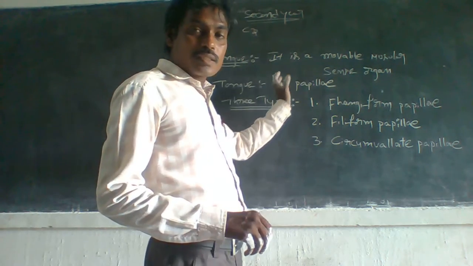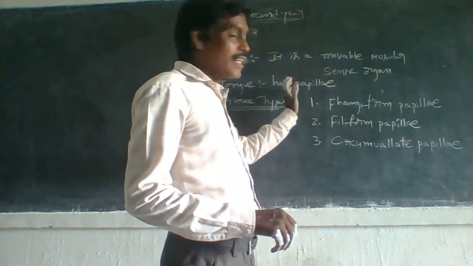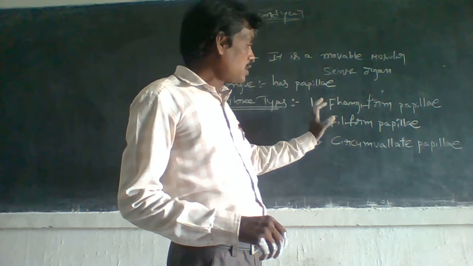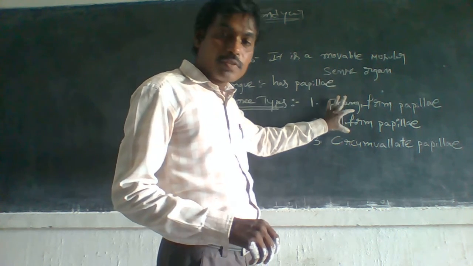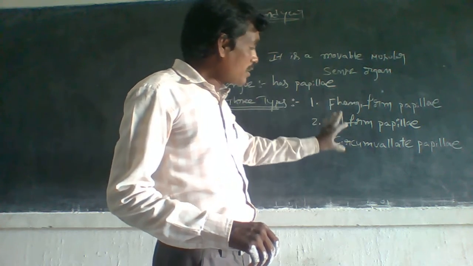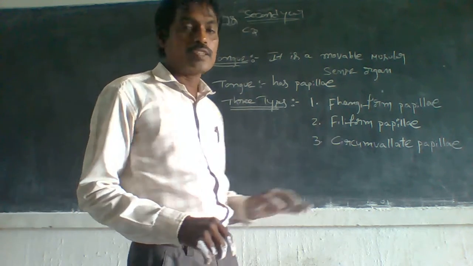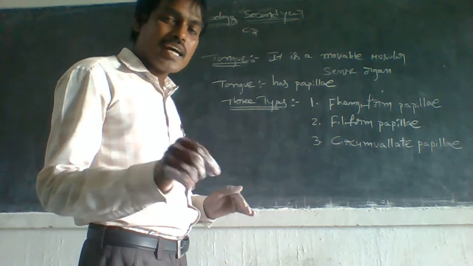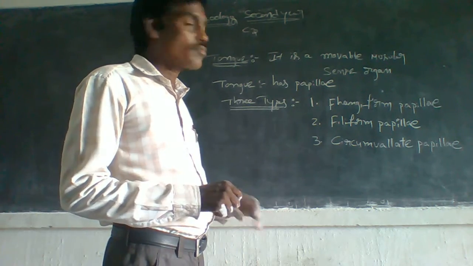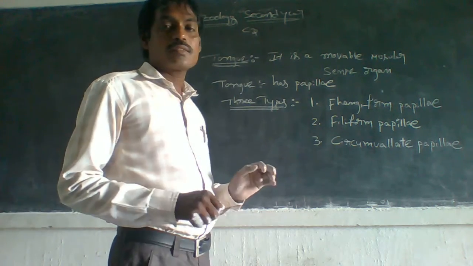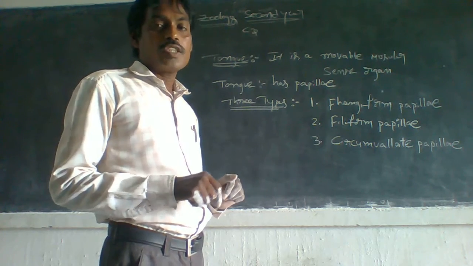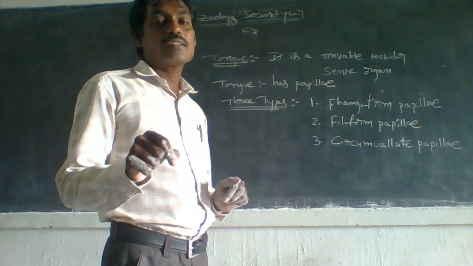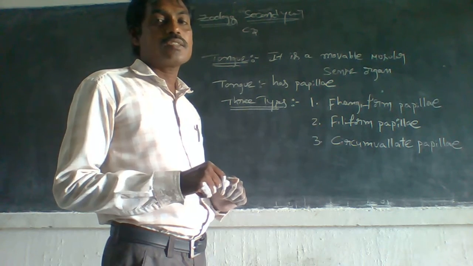Attached to the tongue surface there are three types: fungiform, filiform, and circumvallate papillae. Human beings have three types of papillae on the tongue surface. They are called tasting buds.